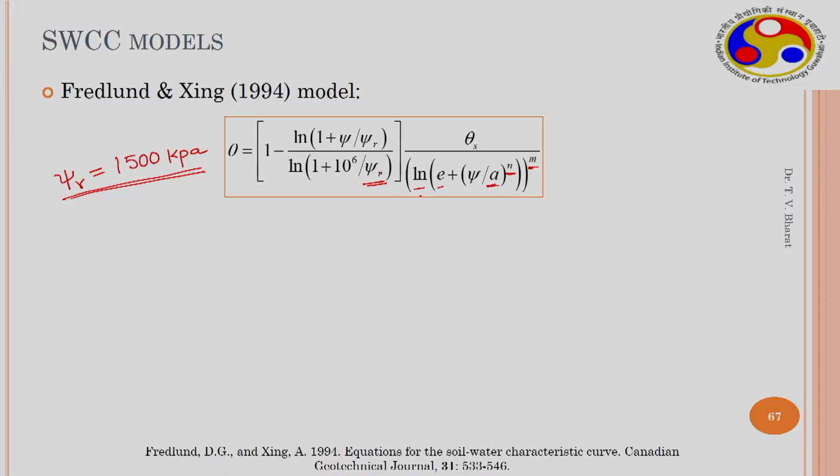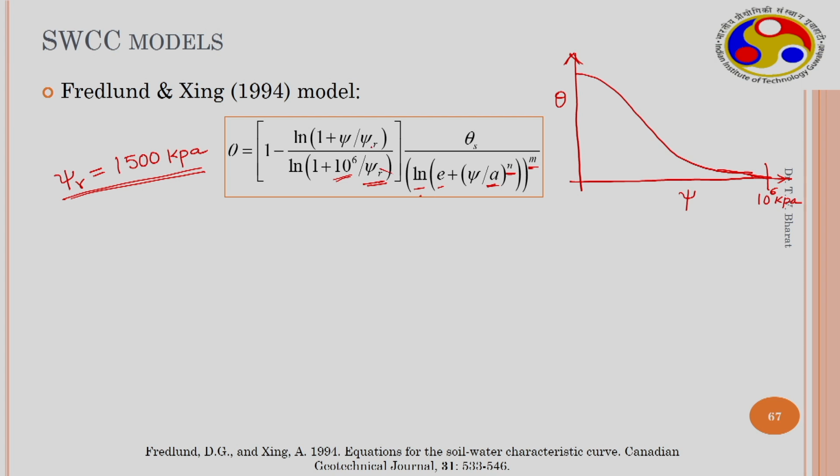So in this particular model, the interesting part is that you have the 10 power 6 value, therefore all psi values should be substituted in kilopascal, and this 10 power 6 kilopascal value indicates that at psi equals 10 power 6 kilopascal, when theta versus psi is plotted, this curve is forced, or the water content is forced, to come to 0.